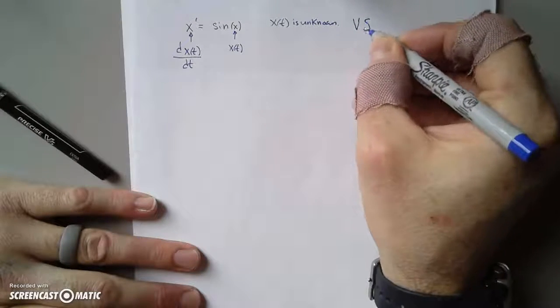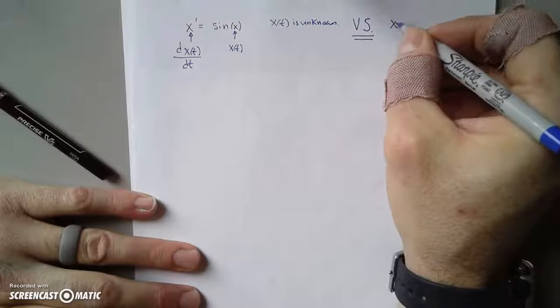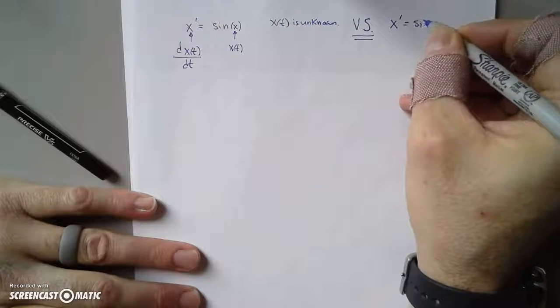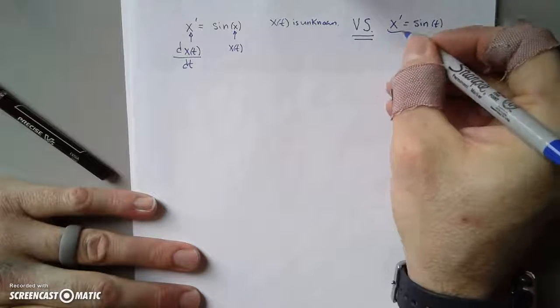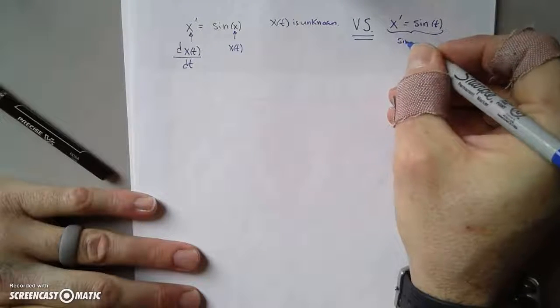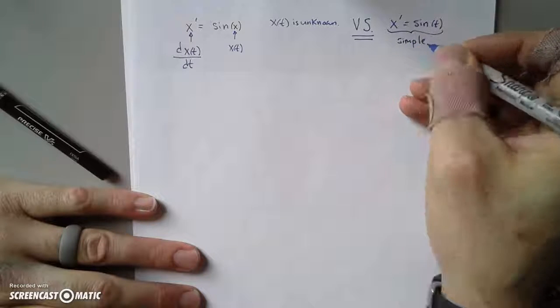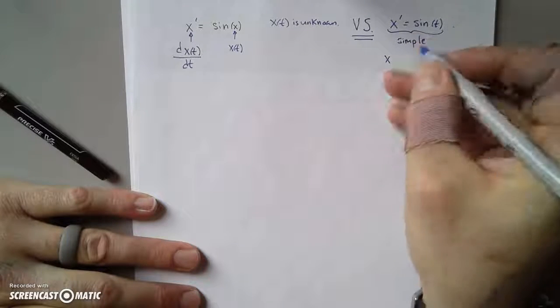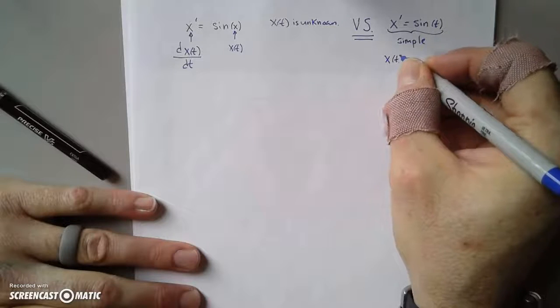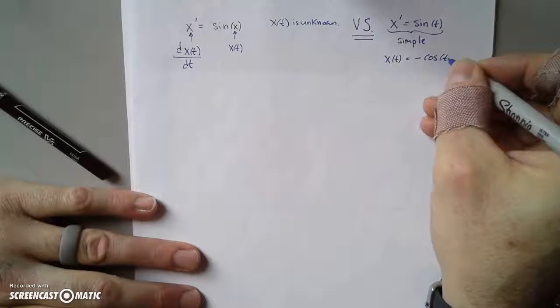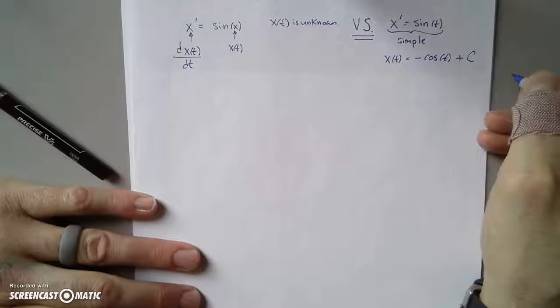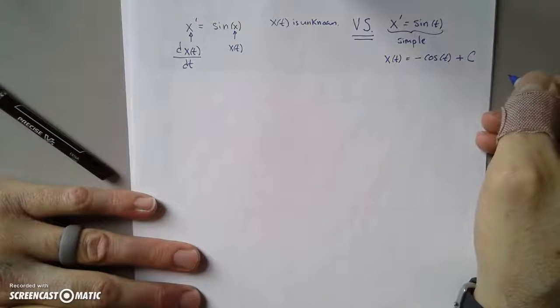Also, consider this differential equation versus, say, x prime equals sine of t. This one is literally simple, it's called the simple differential equation, and it's solved directly by integration. x of t would be equal to minus cosine of t plus some constant of integration.